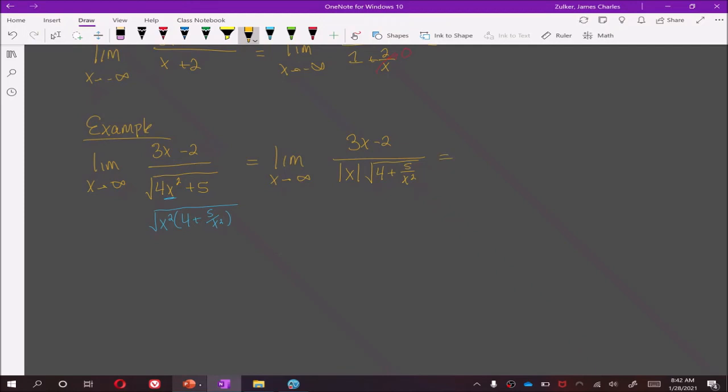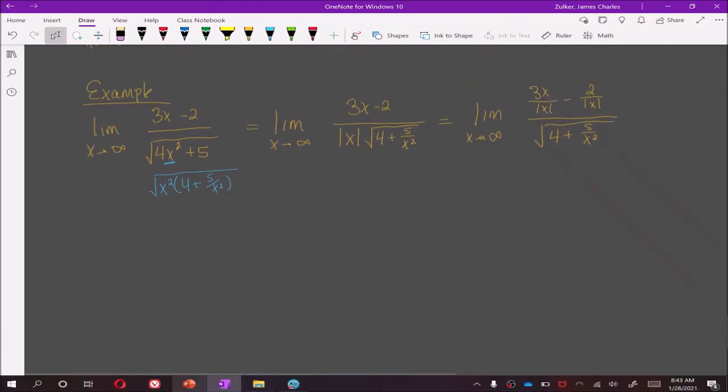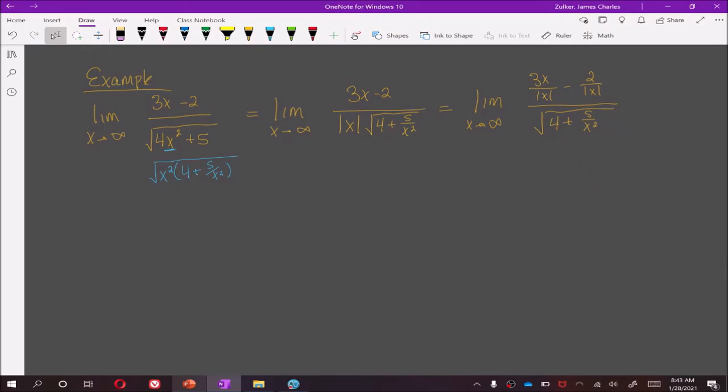Applying that absolute value of x term to each term in the numerator will leave us with 3x over absolute x minus 2 over absolute x, all over this square root. Now, that absolute value is important.